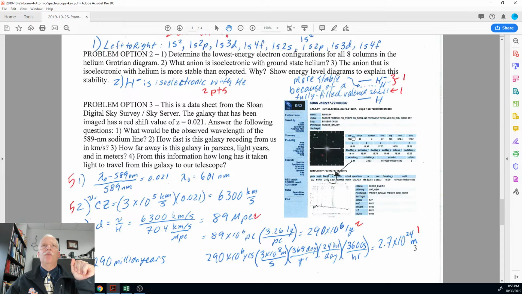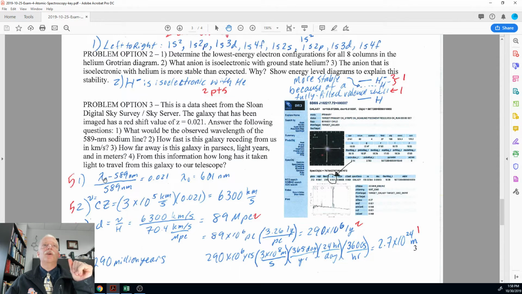Here's an output from the Digital Sky Survey, and there's the Z value for this particular galaxy that we have. And I asked if this was the Z value, what would be the observed wavelength of the 589 nanometer sodium line? And so that Z value is equal to the wavelength shift, or the redshift, divided by that wavelength. So the difference in observed versus actual, or measured at Earth.